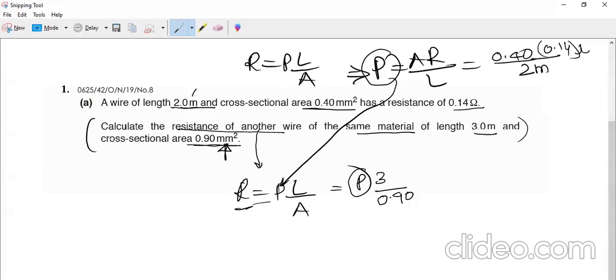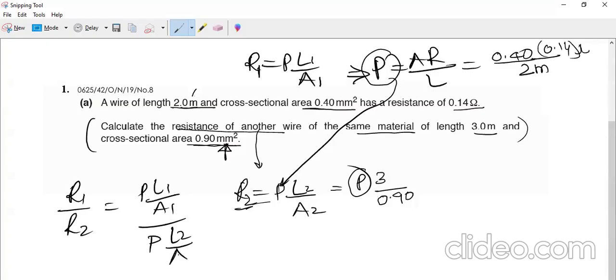You see, I can write this as R1, and this as length 1, area 1. This is R2. Rho is the same, it's the same material. L2, A2. Then you can just substitute or divide. So R1 by R2 is equal to rho L1 by A1 over rho L2 by A2.